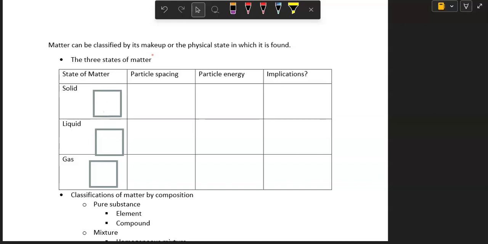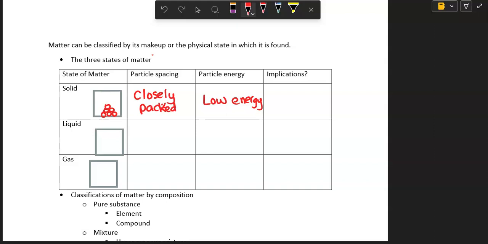So let's draw a solid sample in here. And we're going to make it a triangle. So there's 6 particles there. The solid particle spacing is very closely packed. There's not a lot of room between the particles. And the particle energy, well, they don't have a lot of energy. Okay, so they're very low energy particles because there's not any real movement.